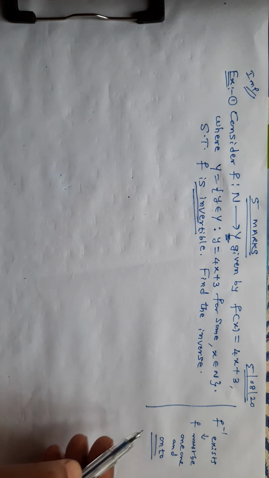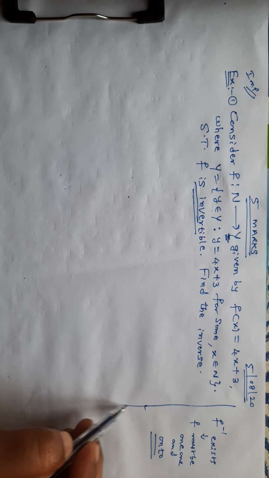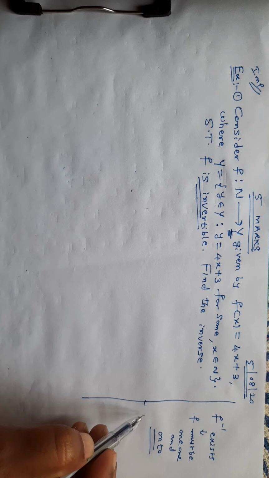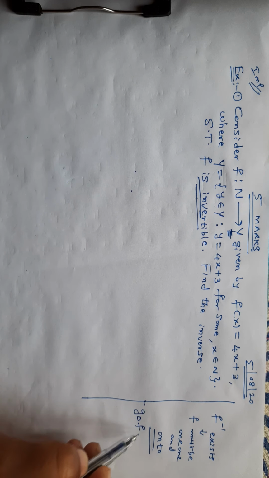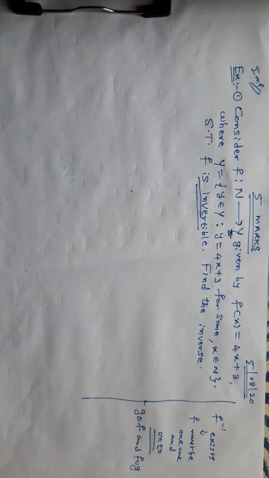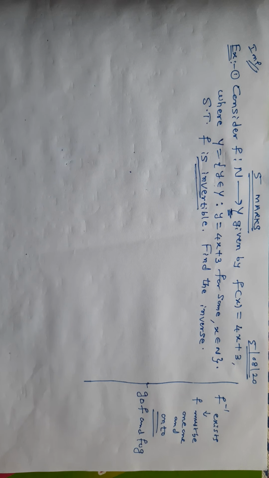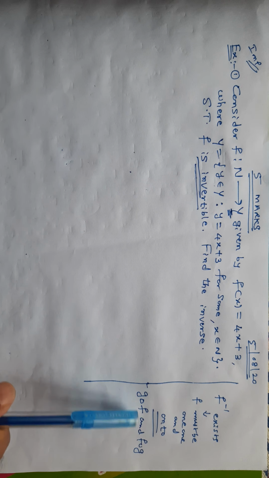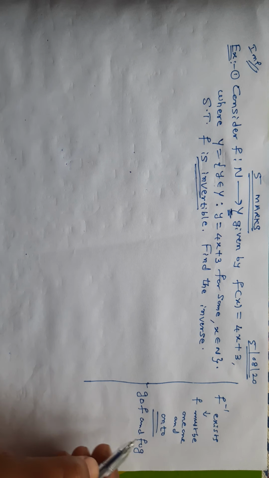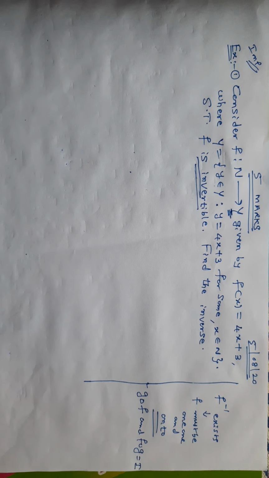So what is the other way of showing it? The other method is the composite functions concept. We can show that g of f and f of g, the composition of f and g and the composition of g and f, are both equal to the identity function.